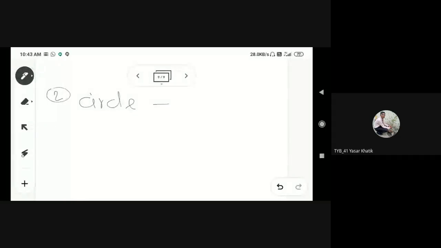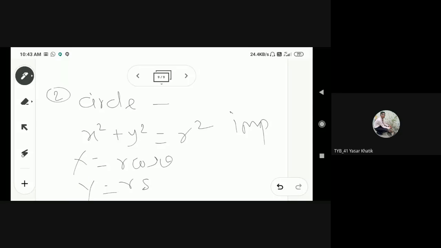Now you can go to the second, the circle. How do we represent the circle in implicit form? x² + y² = r². This is the implicit form. And second, the parametric: x = r cos θ, y = r sin θ. So this is the parametric representation of the circle.